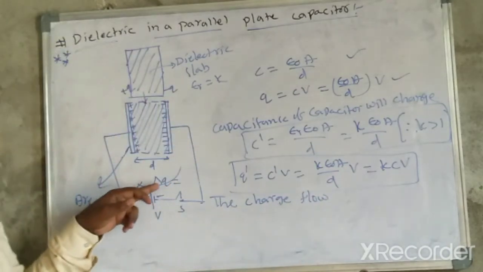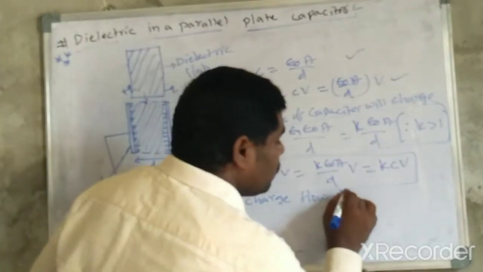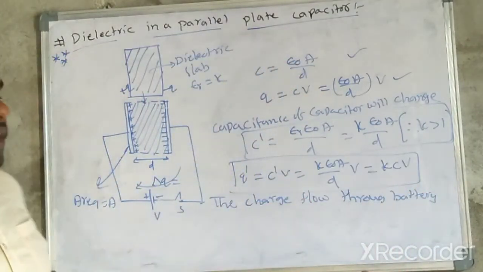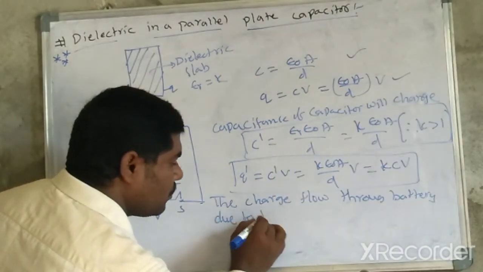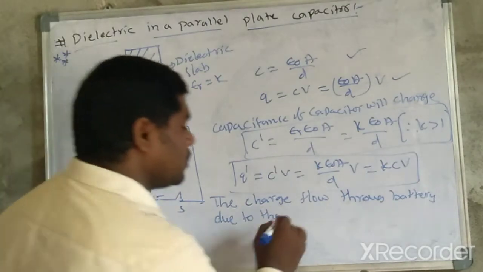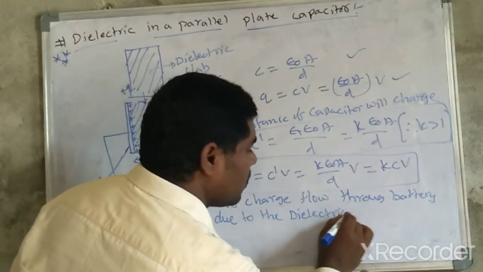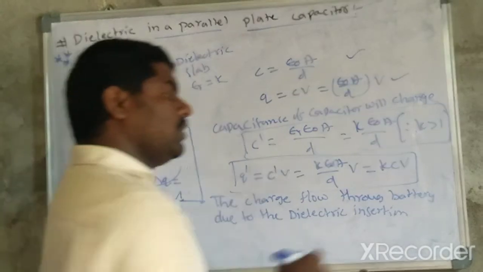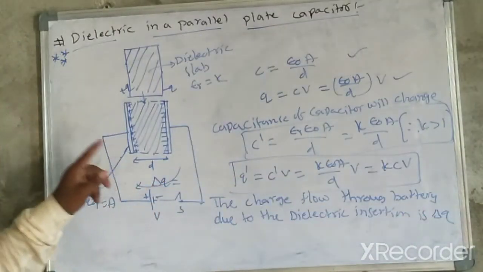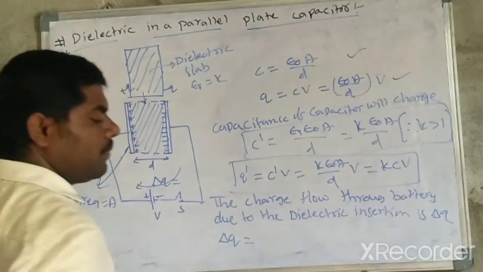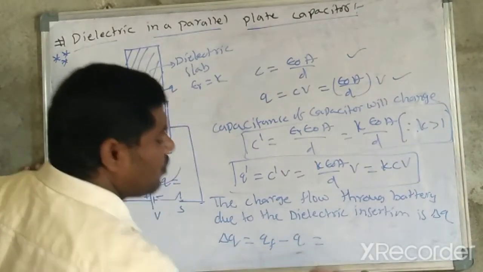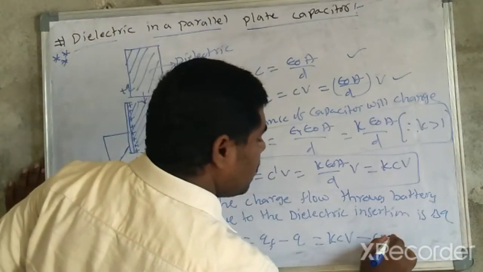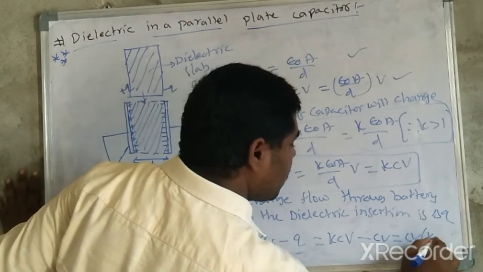This charge flow delta Q through the battery due to the dielectric insertion is delta Q. So delta Q is equal to Q final minus Q. Q final is nothing but KCV, and Q is nothing but CV, so it is CV, taking K minus 1 common.